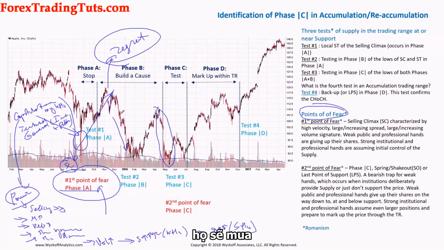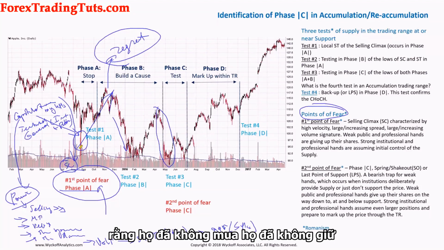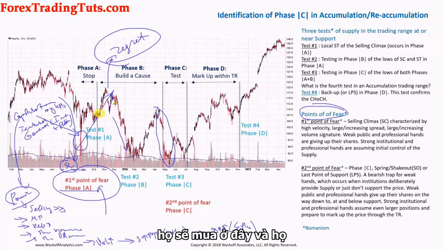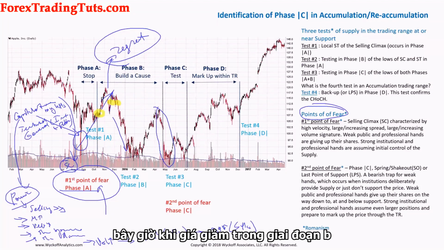They're going to buy. If they're regretful that they didn't hold on to this, and the price went up like this, they're going to buy here, and here, and somewhere here. Now, as the price goes down in phase B into another test, what do you think they're going to do now?